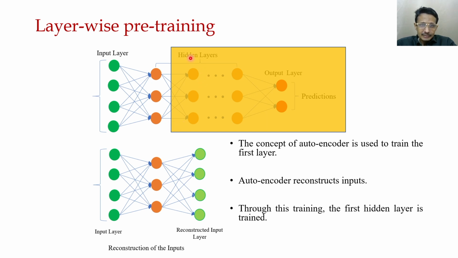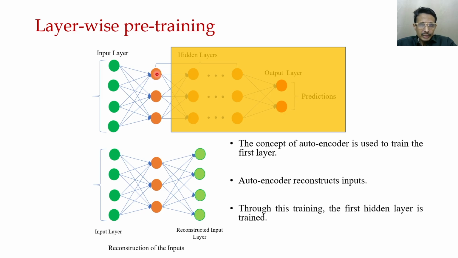Now what Professor Hinton et al. suggested is that we train layer by layer. So we are not training the whole network at the same time. Rather, we try to train the first hidden layer first.